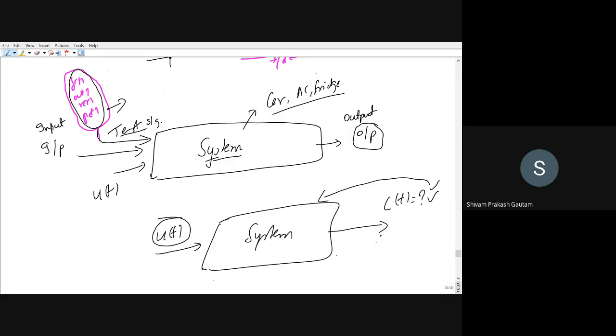And similarly, like U(t), we can provide here delta(t), we can provide here R(t). What does R(t) look like? If you are talking about a bike, if you press your accelerator linearly, your bike speed will increase linearly. What does U(t) look like? Suppose you want to maintain 80 kilometers per hour on your bike, you will hold the accelerator at a point.